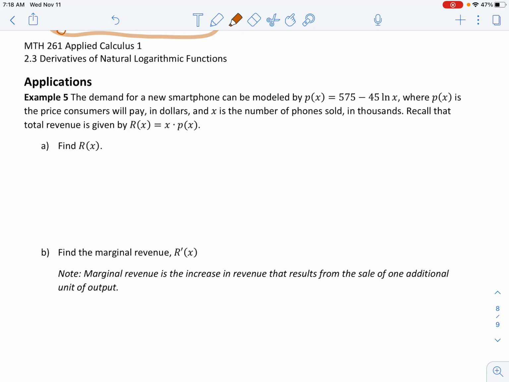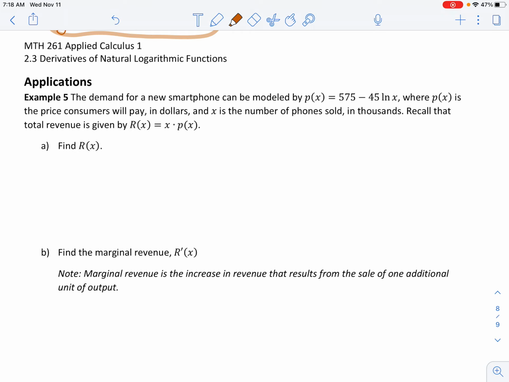Recall that total revenue is given by the number of phones sold times the price. That makes sense, okay? So if one phone is $500, the price is $500. If you want to find the total revenue, you multiply that $500 by how many phones you sold.